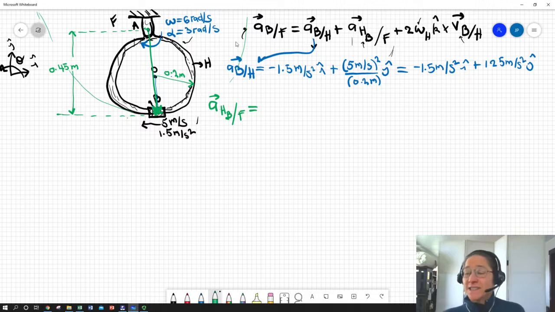Okay, this is a fixed pivot. So from the point of view of the hoop versus the ceiling, the hoop's just rotating about A, and we know how it's rotating.